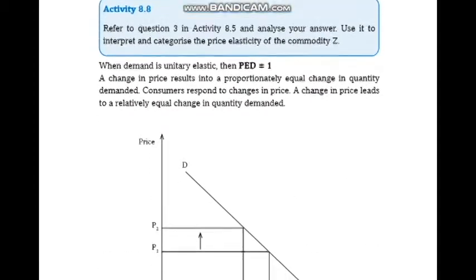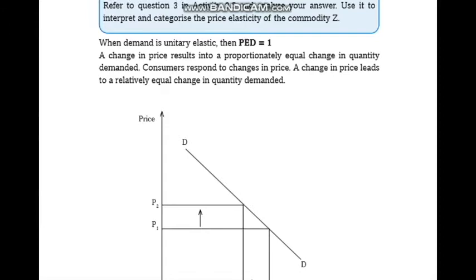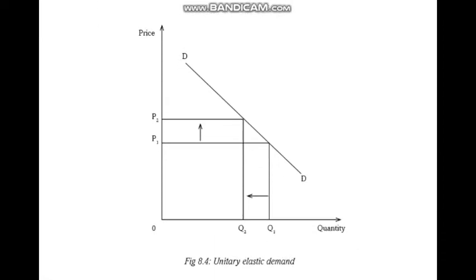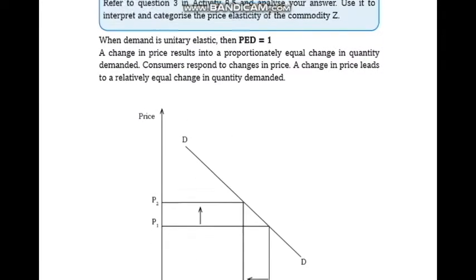A change in price results in a proportionately equal change in quantity demanded. Consumers respond to change in price. A change in price leads to a relatively equal change in quantity demanded. When the price changes, the quantity also changes at the same proportion, at the same percentage.